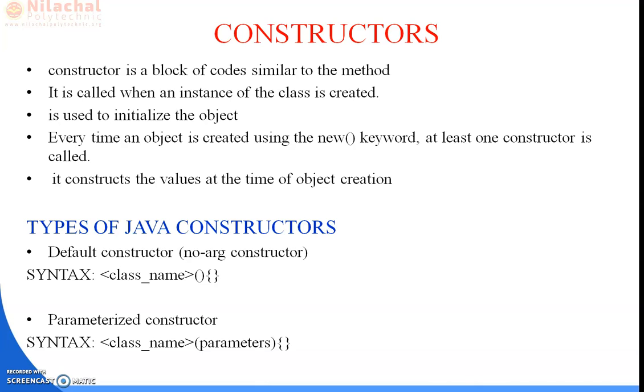Remember that if there is no constructor in a class, the compiler automatically creates a default constructor. Then the question arises, what is the purpose of a default constructor? The default constructor is used to provide the default values to the object like 0, null, etc., depending upon the type.